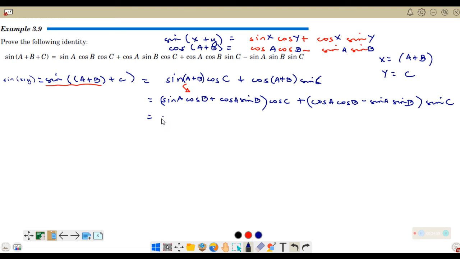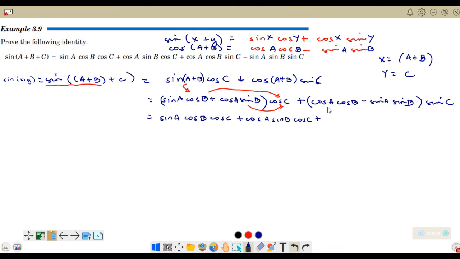So we have sine A, cosine B, i-multiply natin si cosine C. Plus, ito naman kasunod. We have cosine A, sine B, and of course, multiply din natin sila dito kay cosine C. We have cosine C at the end.